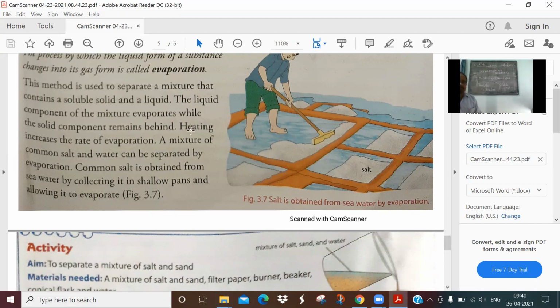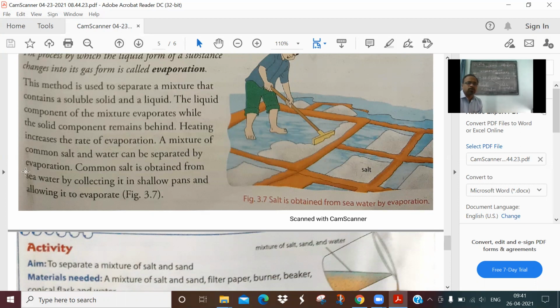Same thing is in this example diagram. The solid, which is salt, remains whereas water evaporated and escaped. Heating increases the rate of evaporation. That is why the water containing salt is allowed to stand on the field in sunlight for a few days.